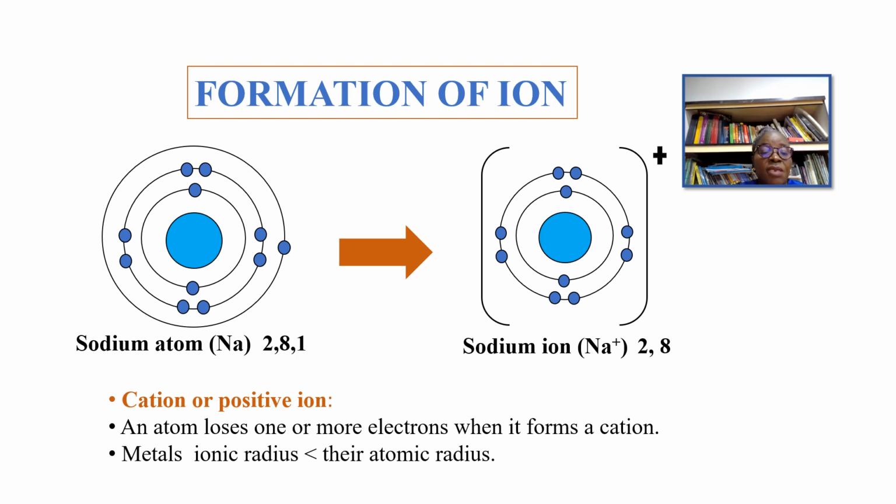The sodium cation is smaller than the sodium atom because it had to lose an electron to form the ion. Sodium lost an electron shell when it lost an electron.